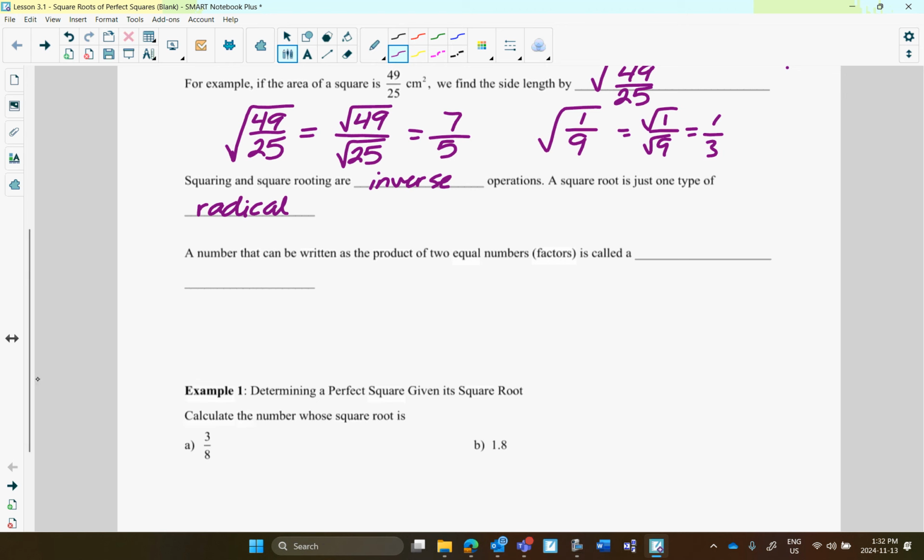So a number that if we take its square root, we get a whole number answer, or a decimal, or a fraction, has a certain name. Or we can define it as a number that can be written as some other number times itself. Can you think of a number that you can get by taking another number times itself?